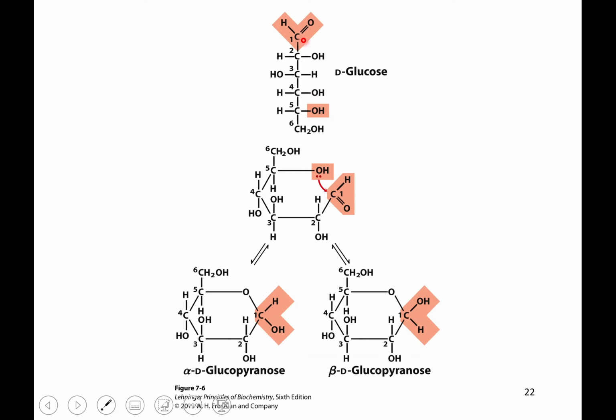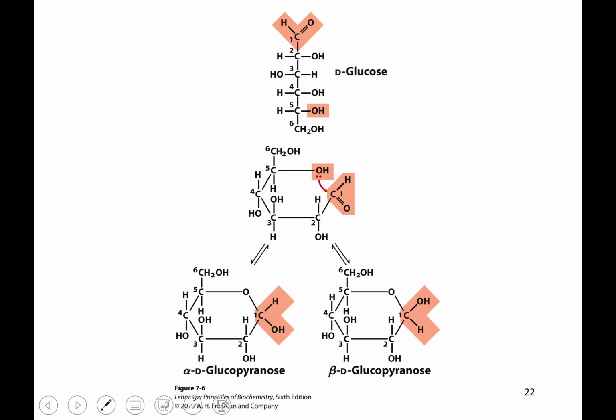That's going to make, let's see, 1, 2, 3, 4, 5, and 6 membered ring. The ring structure is going to have 5 carbons in it and 1 oxygen. This picture here is showing that open form structure just bent a little bit, so this OH group is in closer proximity with carbon 1. So we have that nucleophilic attack by the OH group on carbon 5.